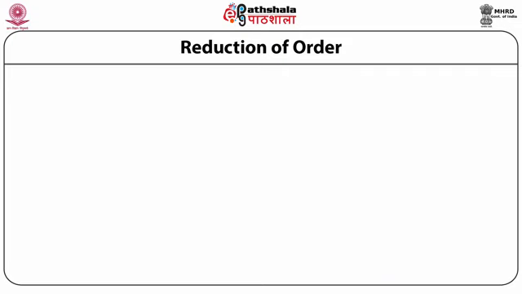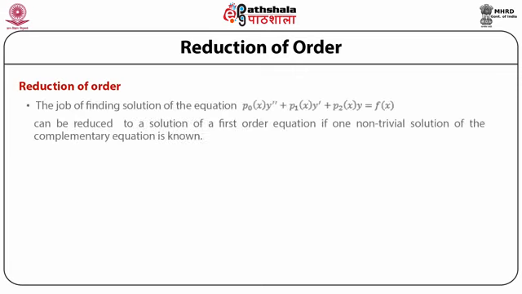Now we will study the method of reduction of order of differential equation. This job of finding a solution to the general second order inhomogeneous equation given by p0(x) times the double derivative of y plus p1(x) times the first derivative of y plus p2(x) y is equal to f of x can be reduced to a solution of first order equation if one non-trivial solution y1 of the complementary equation is known.